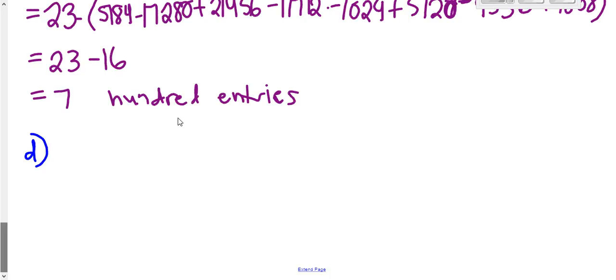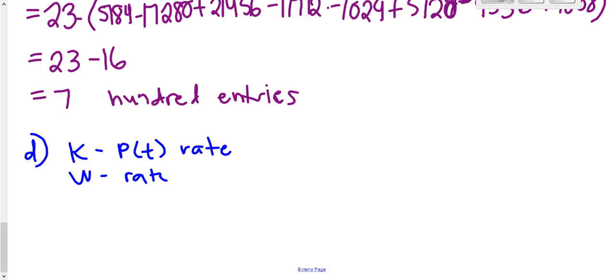Okay, so D. We know P of T, which is a rate. We want to know how quickly that is changing. So we want a rate of a rate.